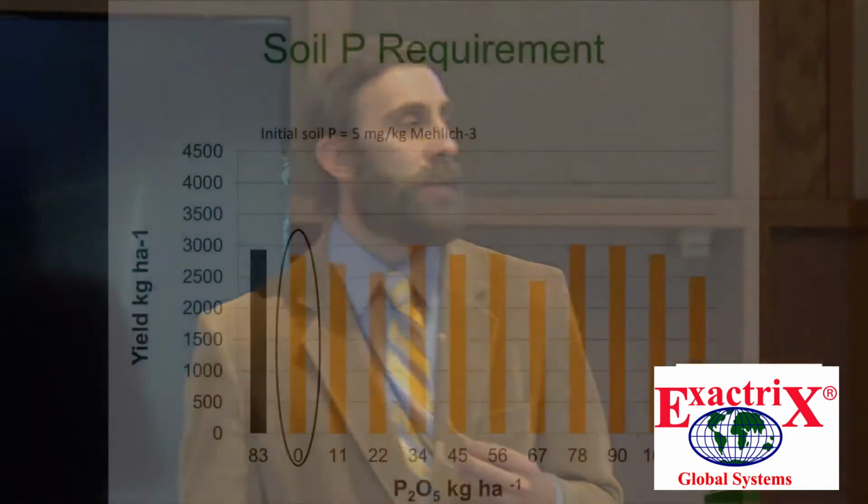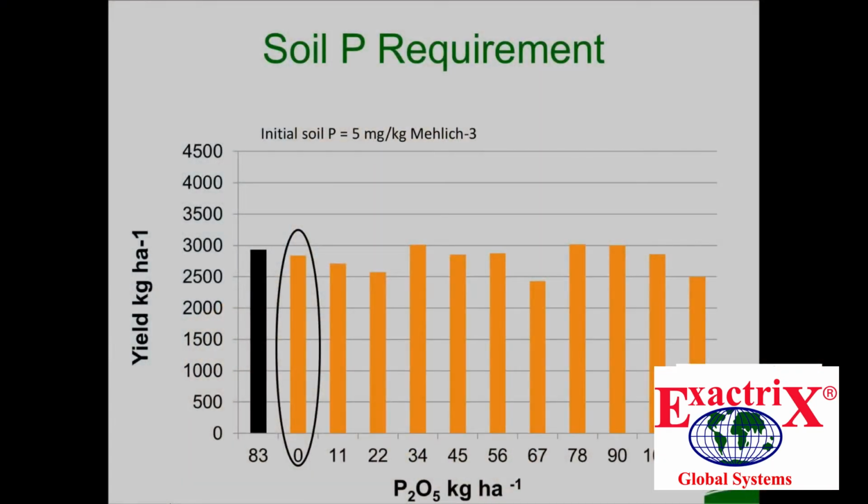Here's an example of a manifestation of that. This is winter wheat data from when I was in Oklahoma. This is a field that had Mehlich 3 phosphorus levels of 5 milligrams per kilogram, very low. The soil test recommendation required application of approximately 83 pounds per acre of P2O5. And so we applied that.